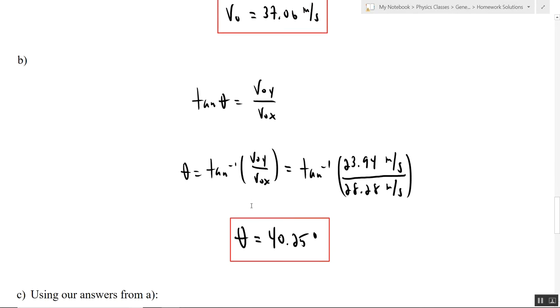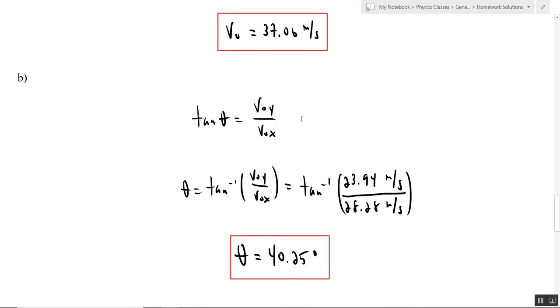Part B was what is the angle that it's launched. So it's just the inverse tangent of v0y over v0x, just like we did in the last problem. So to put these two points together, if you launch it at 37.06 meters per second at 40.25 degrees, it'll be in the air for 4.42 seconds.